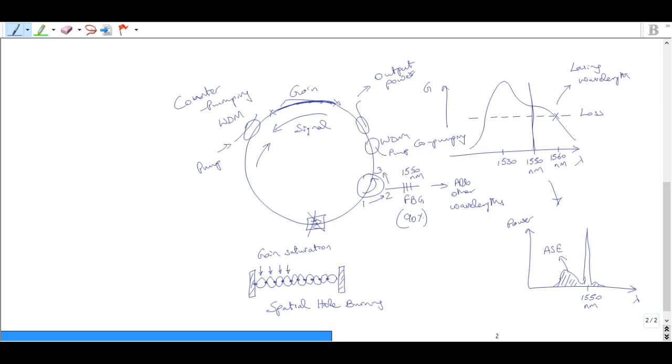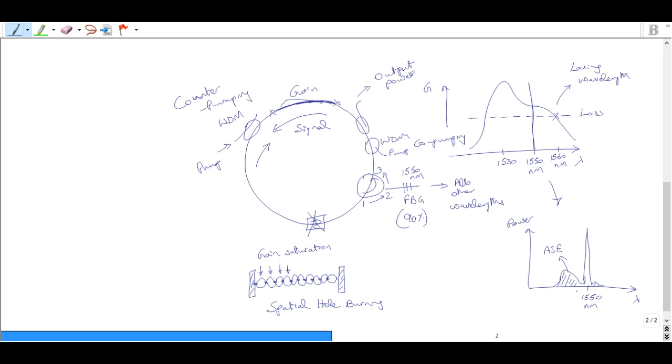And so what's wrong with that? Nothing's really wrong with that, except that this picture that I have drawn corresponds to one particular longitudinal mode. When you have the saturation, it tends to jump to the next longitudinal mode, and from there it may go to a different longitudinal mode, and so on.